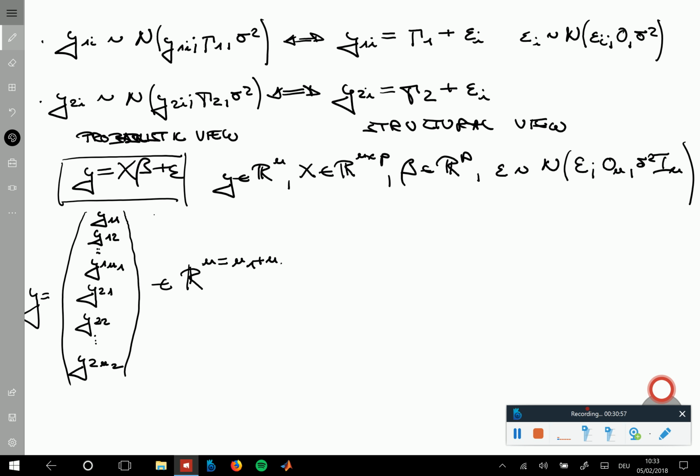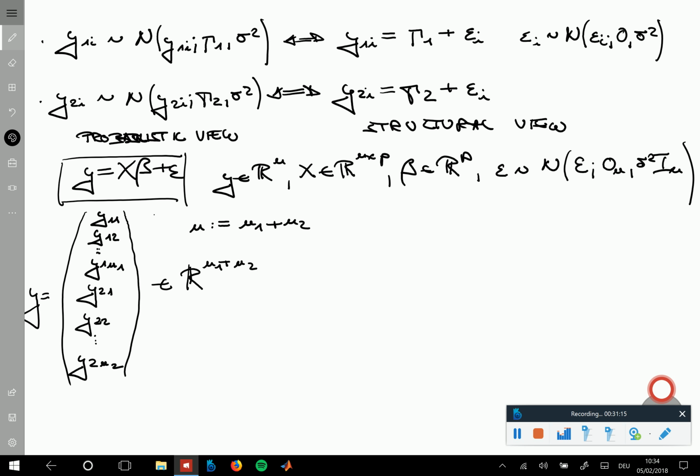So this is now n1 plus n2, or we could define n to be n1 plus n2, whatever. Yeah, so this is how the data is arranged.